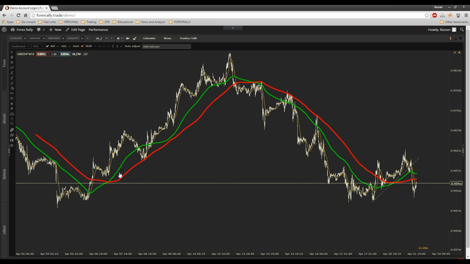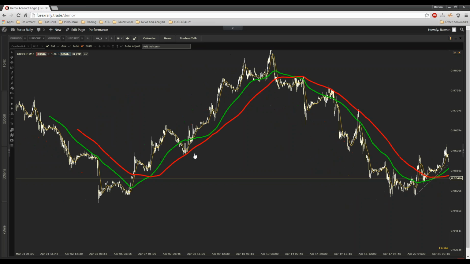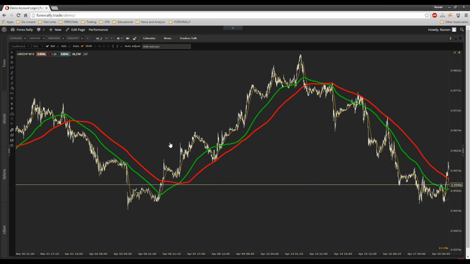You can use the 200 moving average as a support or resistance because the 200 moving average works very well in technical analysis. You'll be hearing about this moving average on Bloomberg or on Reuters in their analysis on the TV or on their website.